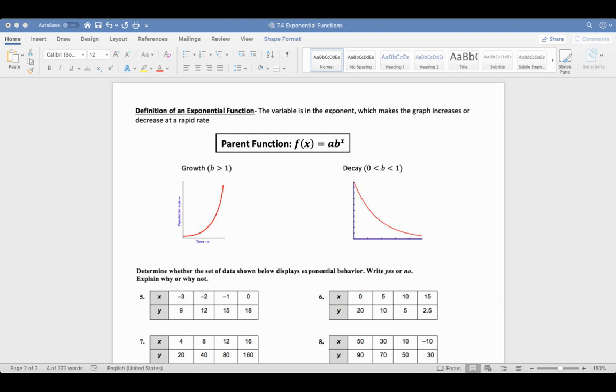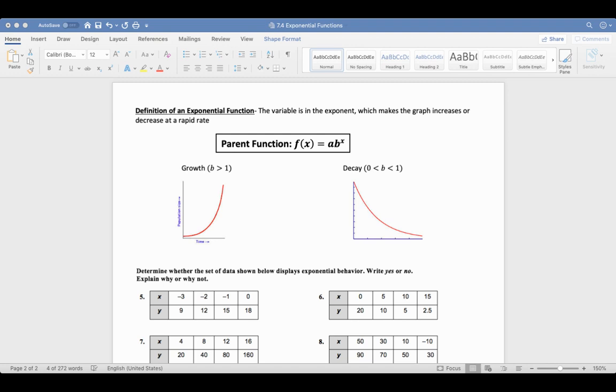So when x equals 0, this is how much we have, right? What's the y value when x is 0? Well, whatever a is, okay? A is the initial amount, or the value when x equals 0. That's two different ways to say the same thing.